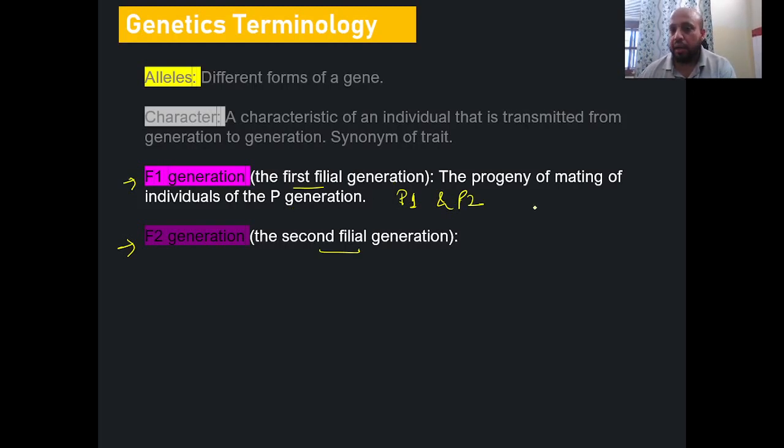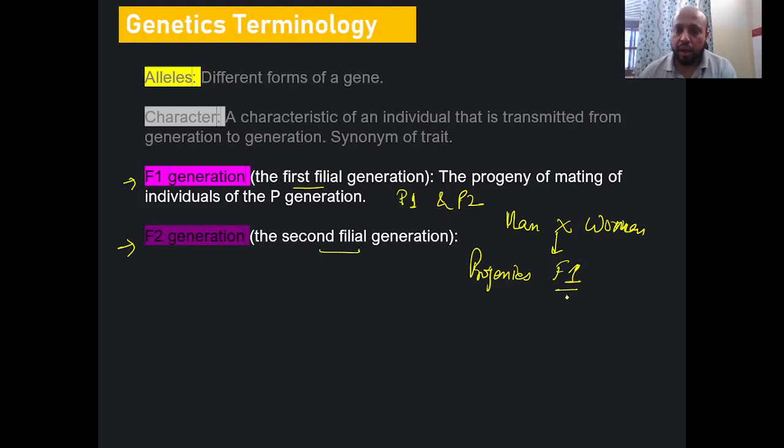Like if a man is married to a woman, all the progeny will be called the F1 generation. I can be considered an F1 generation for my parents. That's a personal example I'm taking to make you understand.